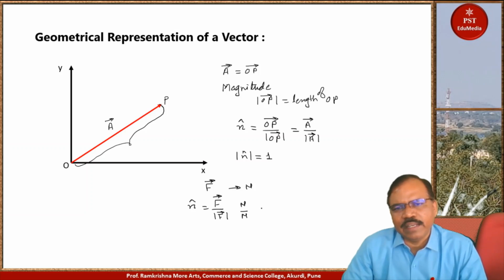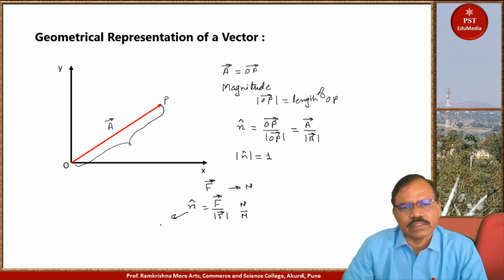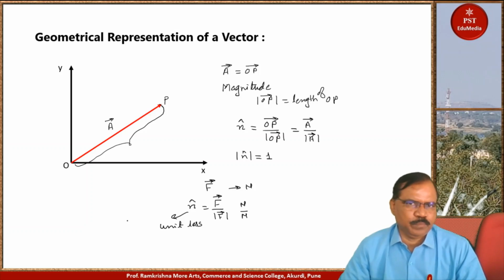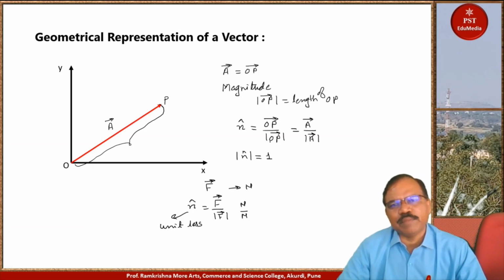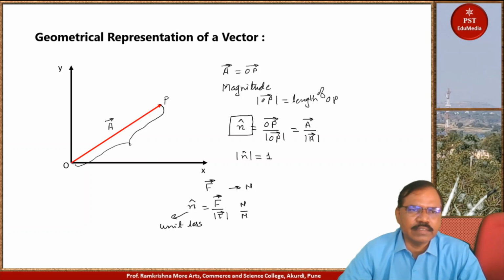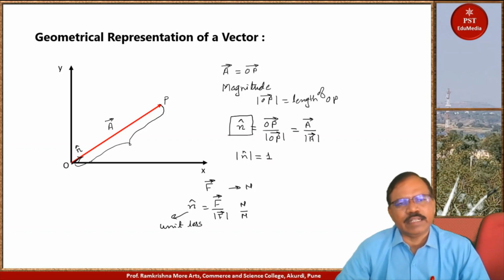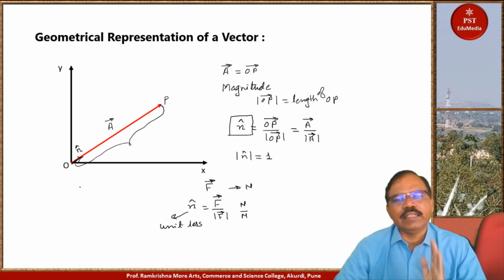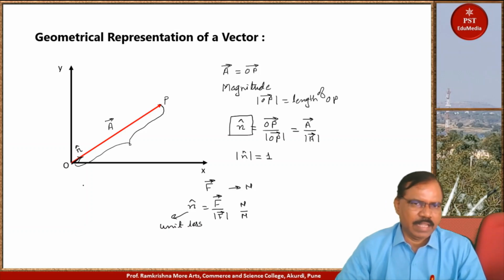So what is the unit of n? n is unitless. So a vector divided by its magnitude is called a unit vector. This unit vector is along the corresponding vector, along OP or along A, its magnitude is unity and it is unitless.